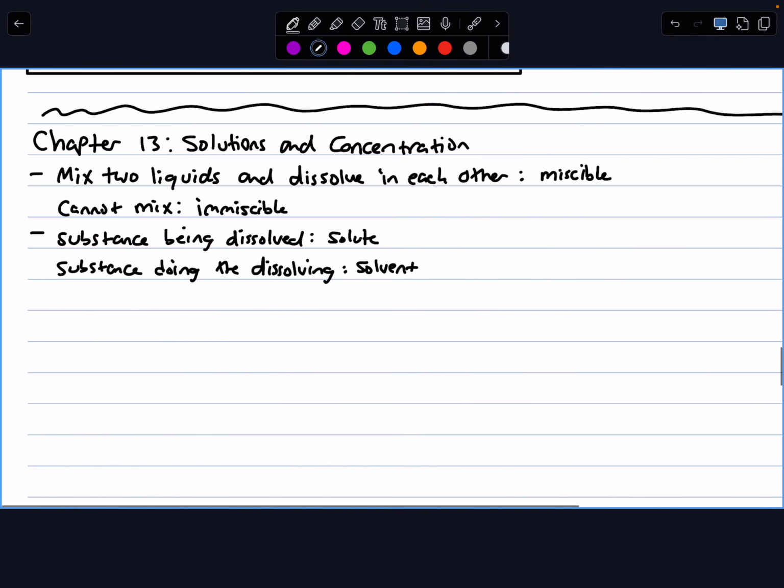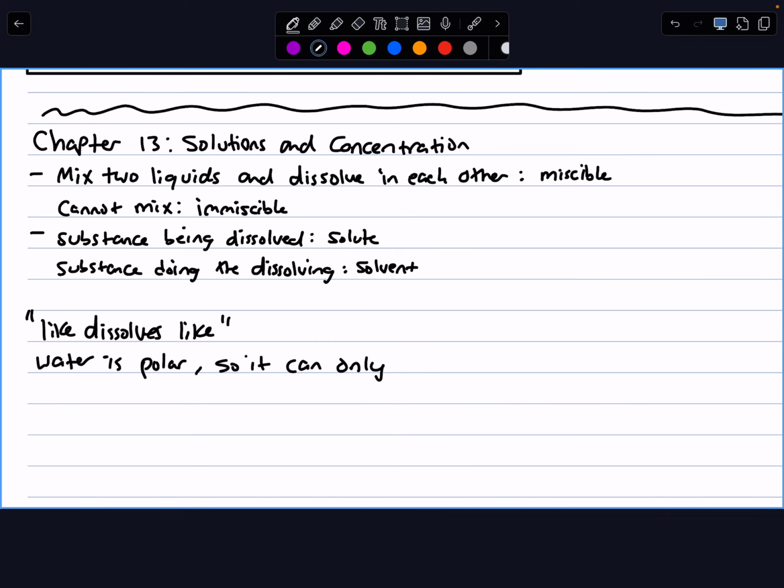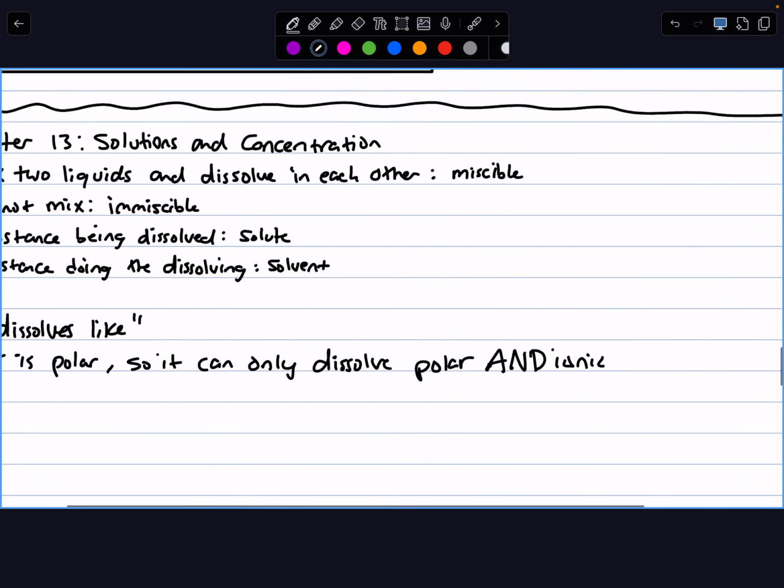Okay, so like dissolves like. Water is what? Polar or non-polar? So it can only dissolve polar and ionic substances.